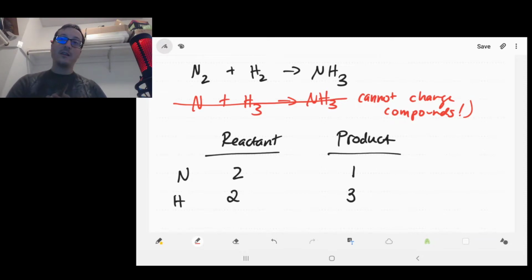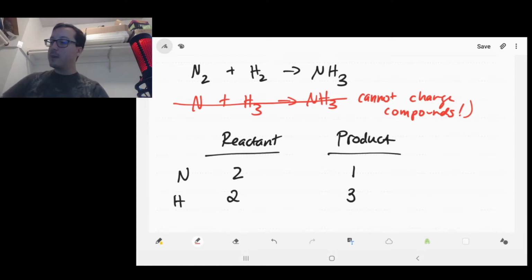How this is going to work is instead of changing our compounds, we can add more of the same compound. If we just look at the difference in nitrogen here, on our reactant side, we have two nitrogens. On the product side, we have one. We have to have the same number on both sides of a chemical reaction because matter cannot be created or destroyed. We cannot destroy or create nitrogen atoms.